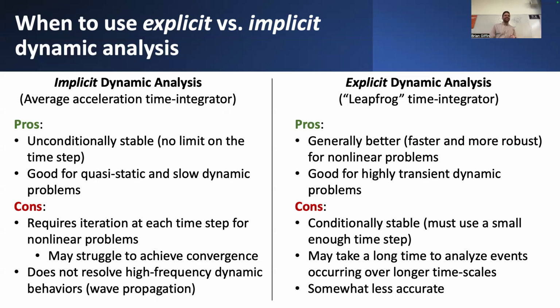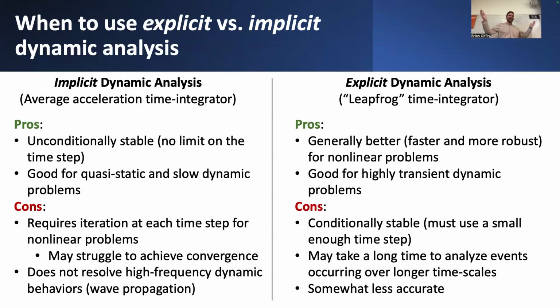Now, obviously, the disadvantage is that you have to do all these nonlinear iterations per time step. And the terrible thing about that is that, especially if you have a ton of nonlinear behavior going on, if besides dynamics you have large deformations, nonlinear material behavior, contact, and a bunch of other stuff, your nonlinear solver, your Newton-Raphson iteration procedure, may just fail to converge.